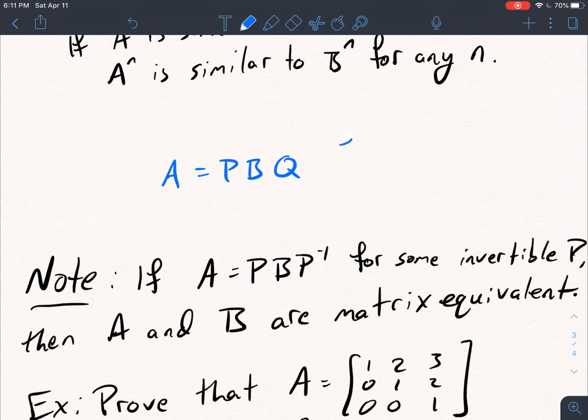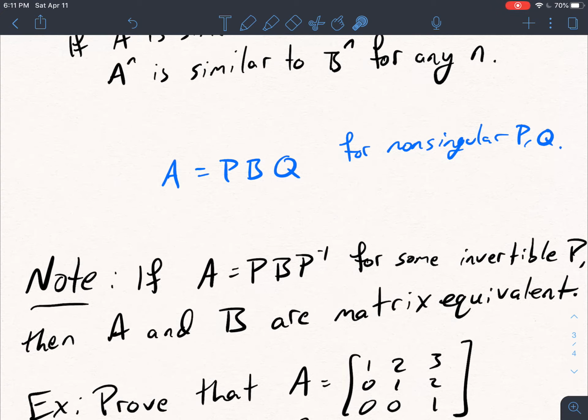So remember, our definition for matrix equivalent was that A is equal to P B Q for some non-singular P and Q. And here, A and B had to be the same size. P and Q had to be square matrices. A and B didn't have to be square matrices, but if we're talking about similar matrices, then everything does have to be square.